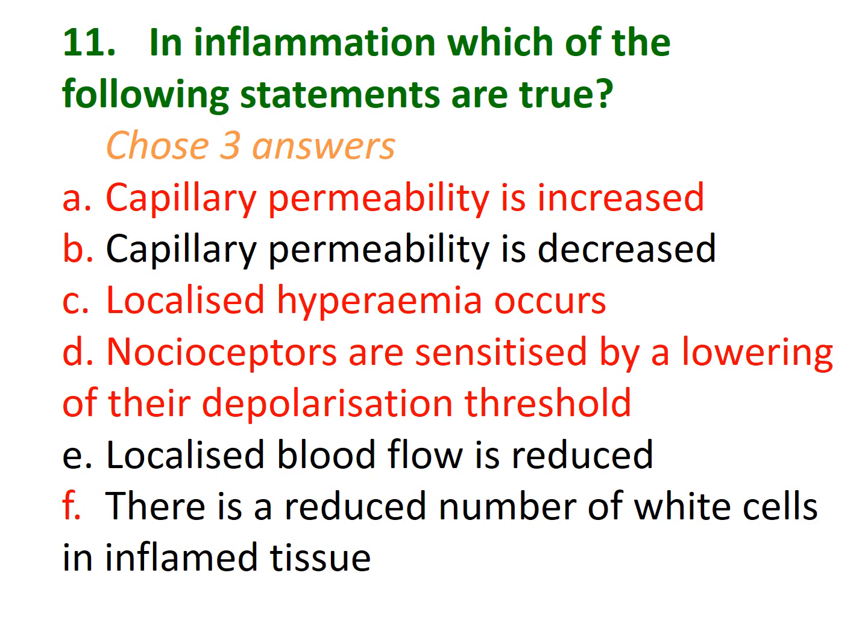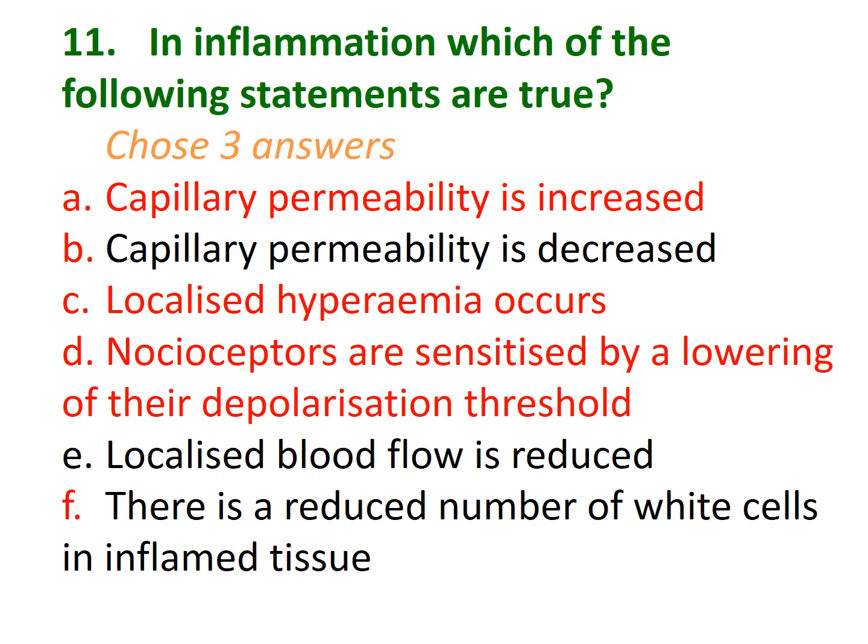Now, normally the nociceptors have a particular depolarisation threshold, the point at which they will generate a new nerve impulse that can go off into the central nervous system, warning the brain about the tissue damage, and the brain will generate the relevant amount of pain. But what the inflammatory mediators do is they lower that depolarisation threshold, making it easier for a new nerve impulse to be generated.